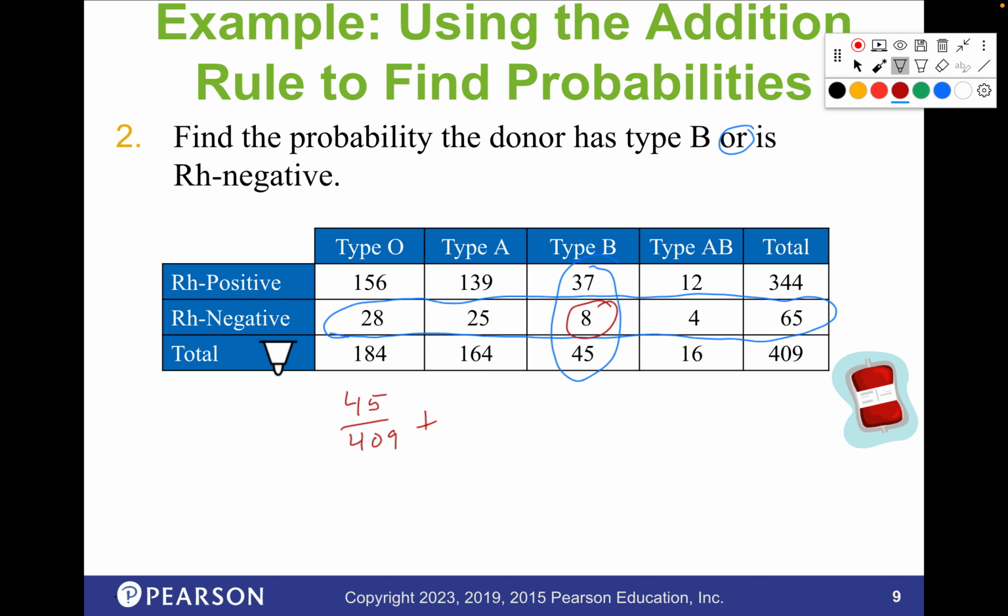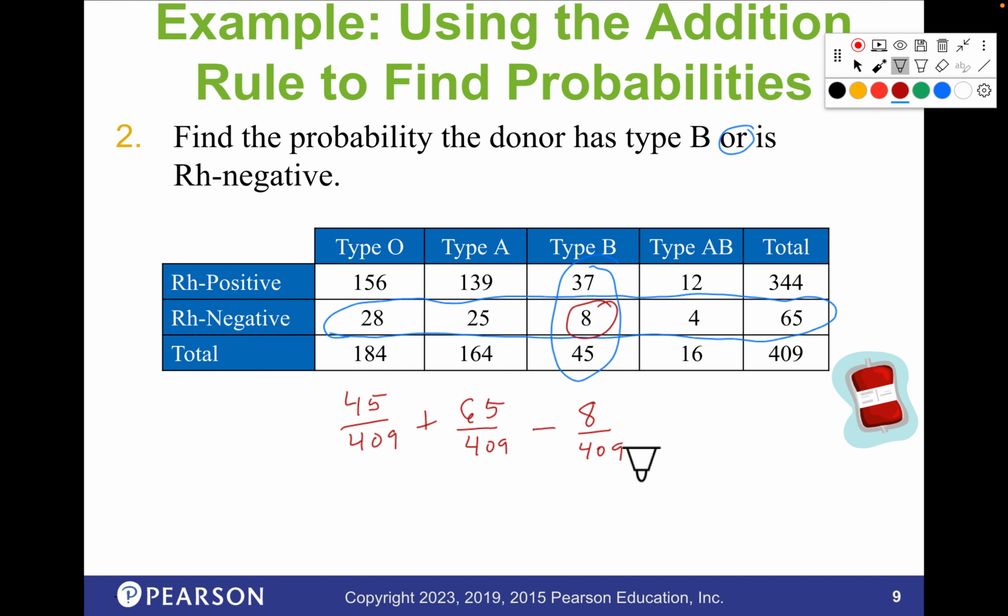Probability of being Rh negative is 65 out of 409. Oops, we counted the 8 twice, didn't we? We counted it with the B, we counted it with the Rh negative. So we don't want to get too quick here. Don't want to go to equals yet. We want to remember to subtract off the 8 out of 409.